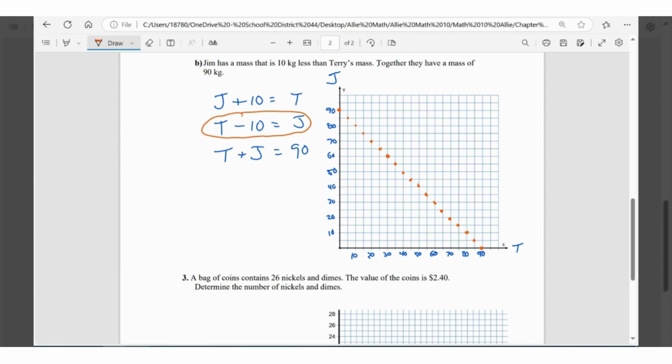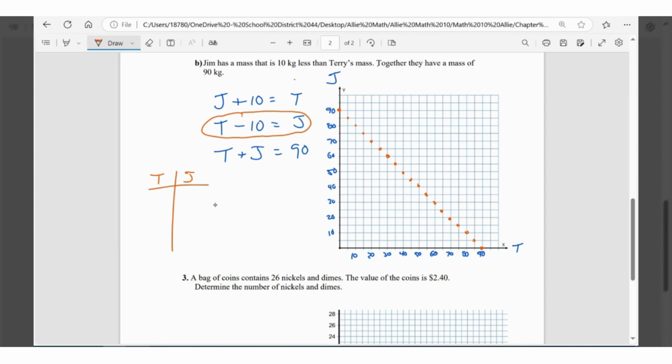And for this one, I guess we could think about this in slope-intercept form, though we don't really need a negative 10. So let's maybe just start where we go. Let's do a table of values again, actually. I don't want to start way down here at minus 10. So let's make a table of values for this.